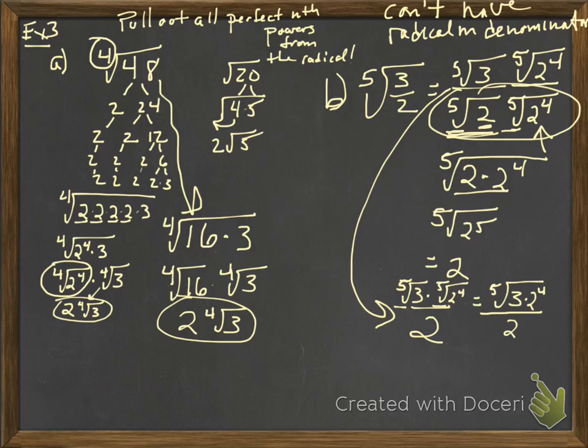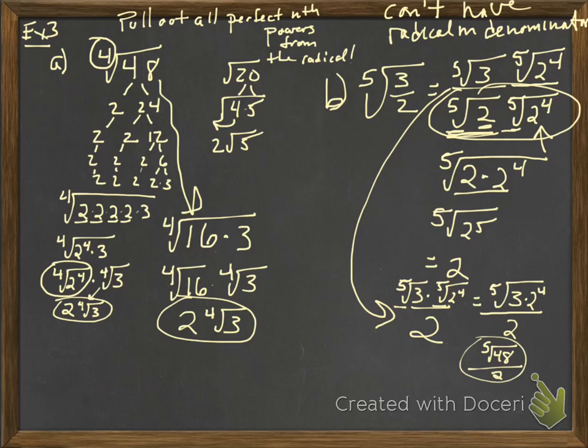Now, there is no perfect 5th power there, so I have nothing to pull out. I come close, I have 2 to the 4th, but that's not good enough. I need 2 to the 5th in order to pull something out. So I think that's 3 times 16, and 3 times 16 from the last example is 48. So I have the 5th root of 48, and I'm stuck with that in the top, over the number 2. Kind of tricky rationalizing with these guys.